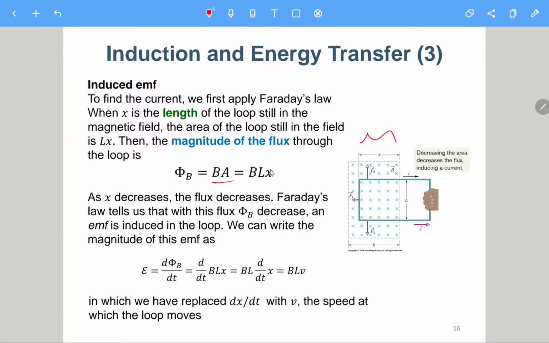BLx is plugged in here, and B and L won't change with time, so they can be put forward, and dx/dt is the velocity. So we have BLv, in which we have replaced dx/dt with v, the speed at which the loop moves.